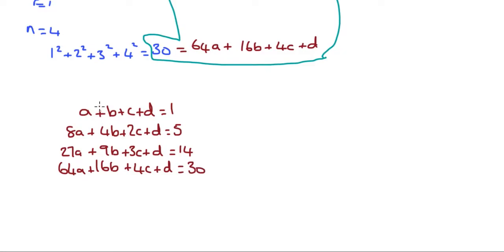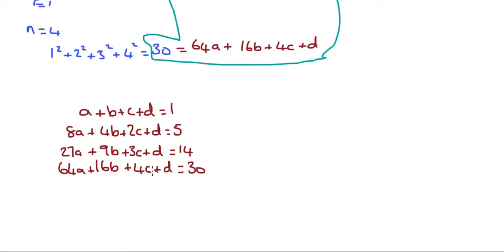So, how do we solve 4-dimensional simultaneous equations? Well, we use the same principles of substitution and elimination as we do for 2 simultaneous equations. We try to eliminate letters from rows.